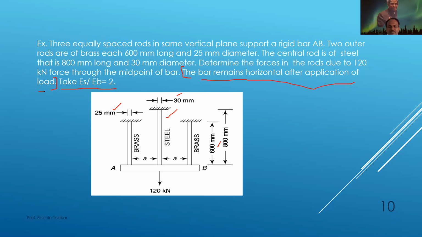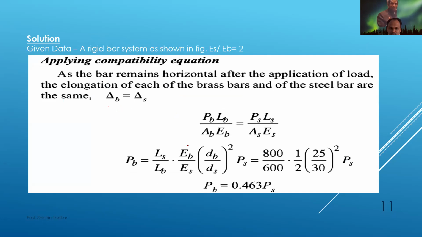After application of load, if the bar is to remain horizontal, that means the elongation in brass must be equal to the elongation in steel. So we have written here PB into LB divided by AB into EB, equal to PS into LS divided by AS into ES.